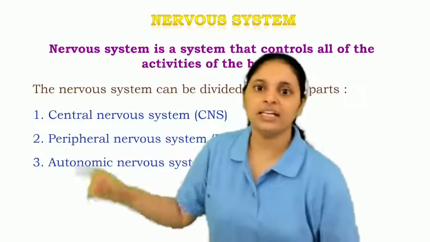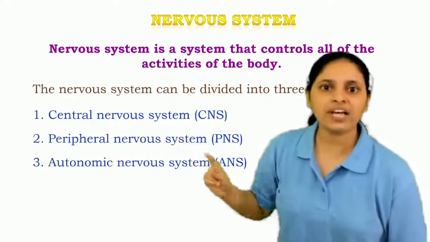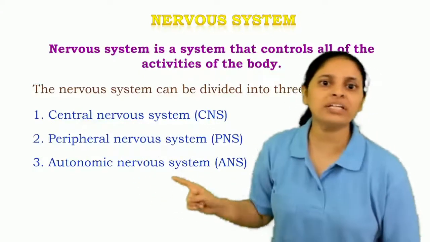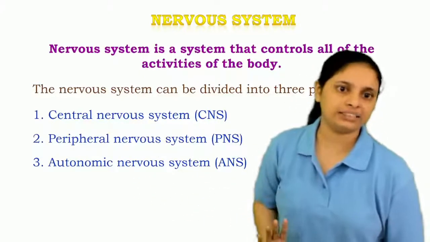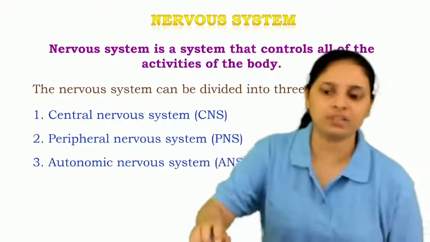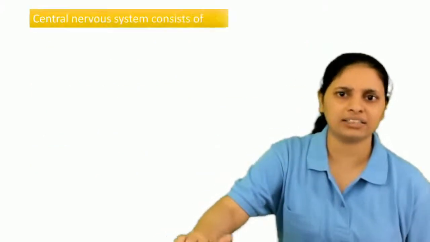We have the Central Nervous System, CNS. Next, Peripheral Nervous System, that is PNS. And next, the Autonomic Nervous System, that is ANS. याद रहेगा? Central Nervous System, Peripheral Nervous System and Autonomic Nervous System. अब ये टाइप्स हमने कैसे बनाए? ओके, एक एक करके समझते हैं.